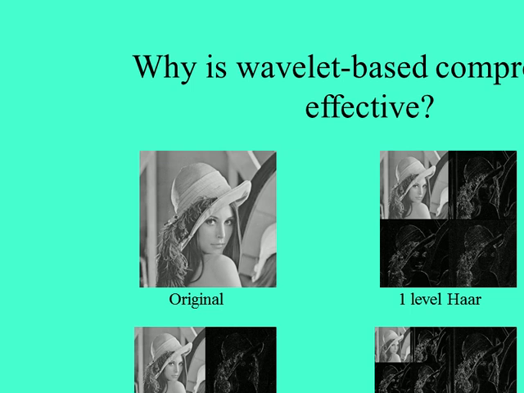So if the original signal is up here on the upper left, that's Lena, then a one-level Haar transform will give us Lena, the low-pass filtered version of the image, which is smaller in number of pixels, that is lower resolution, but it'll also give us what we need in order to increase the resolution and make the image look better.